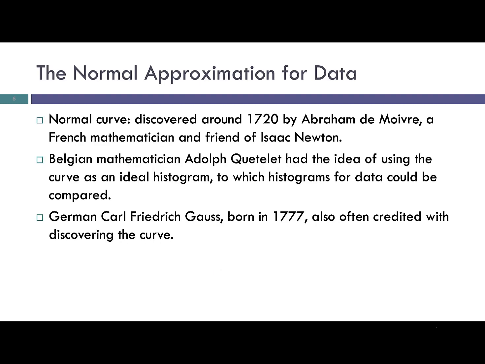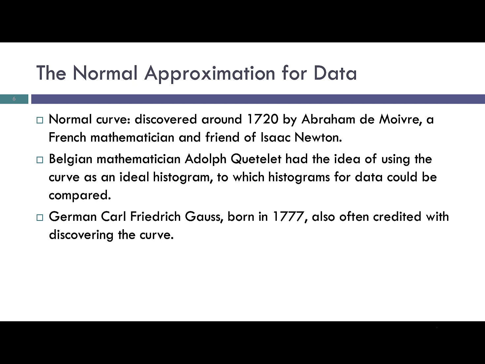A little history, because some of us love to geek out. If you don't like to geek out, don't worry, this won't be on any exams. The normal distribution for data was discovered around 1720 by Abraham de Moivre, a French mathematician and a friend of Isaac Newton's. So it's been around as long as basically physics.